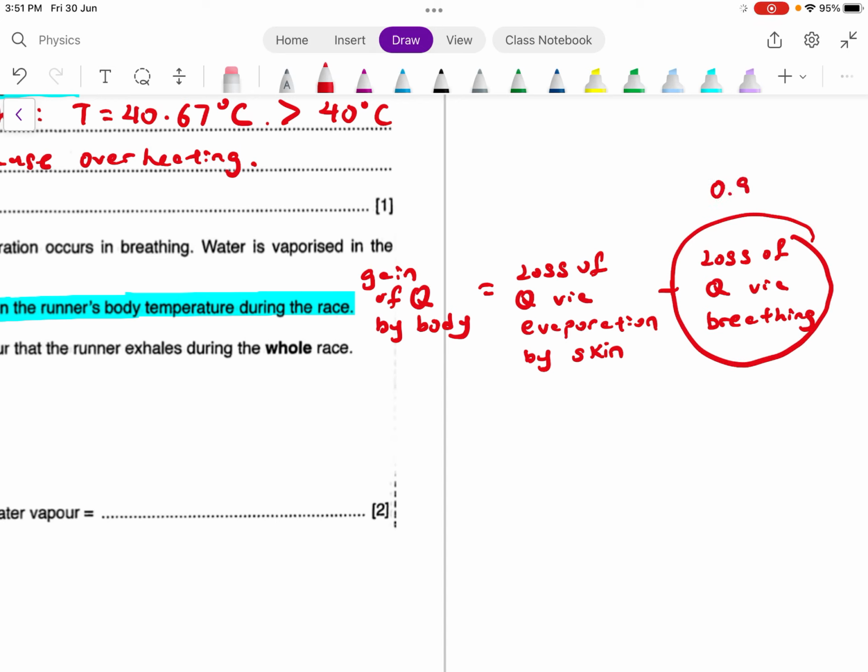So the loss of heat via breathing gives me roughly 0.9 times 10 to the power 6 joules, because there shouldn't be any gain in temperature. Whatever gain of heat energy I have via the body must be equal to the loss of heat via evaporation by skin and loss of heat via breathing.